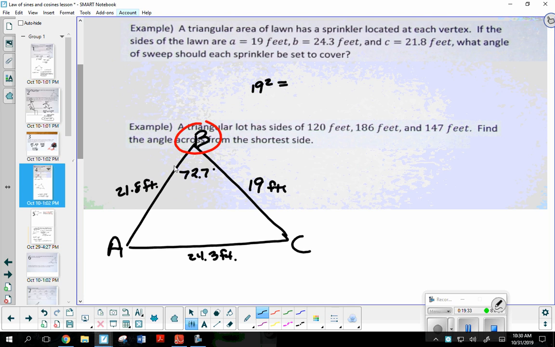Because remember, we're trying to find angle A here. 21.8 squared. 24.3 squared. There you go. Okay.